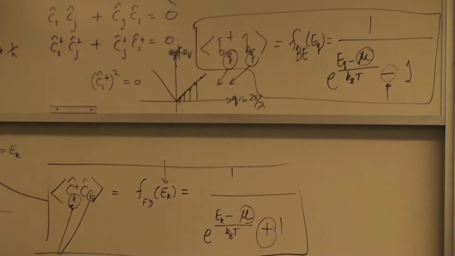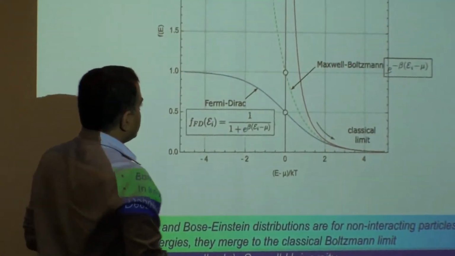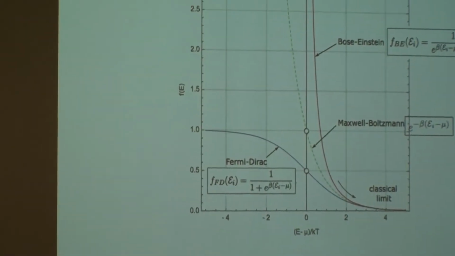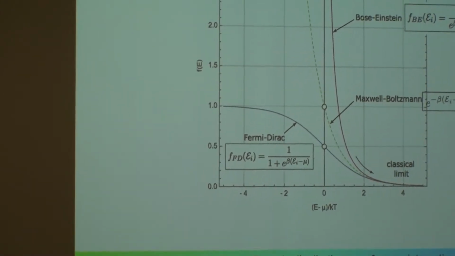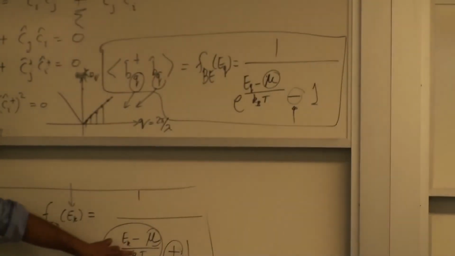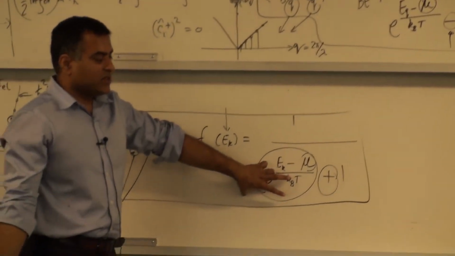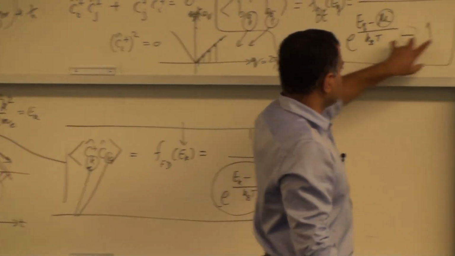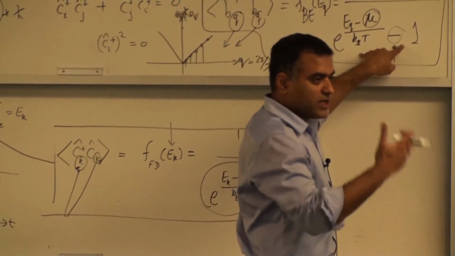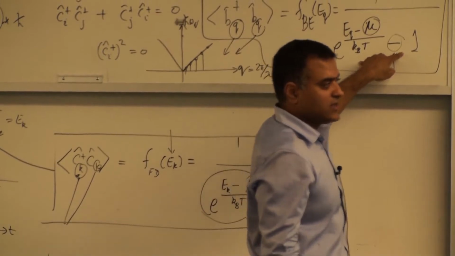If I take these two distributions and make a plot of them, the Fermi-Dirac distribution clearly has 1 over 1 plus something, which is the exponential of something real. It's always positive, so the distribution is always equal to or less than 1. That much you can see. Whereas the Bose-Einstein distribution has 1 over something minus 1, so this thing can blow up. It can go to very high values.